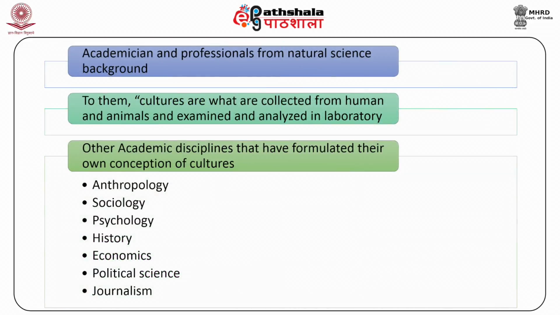While academicians and professionals from a natural science background give a completely different notion of the term culture. To them, cultures are what are collected from humans and animals and examined and analyzed in laboratory.